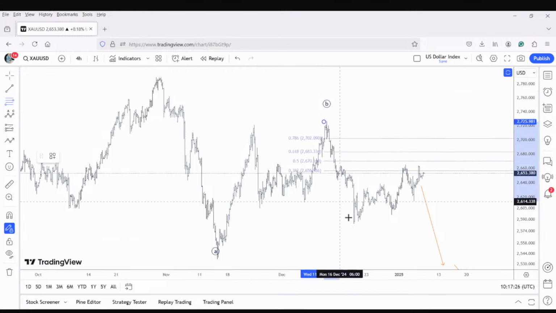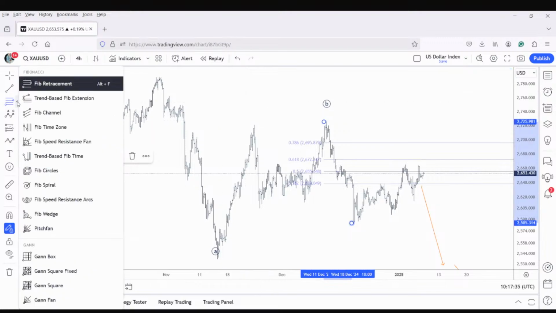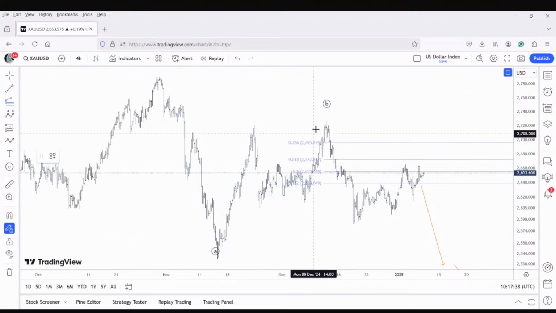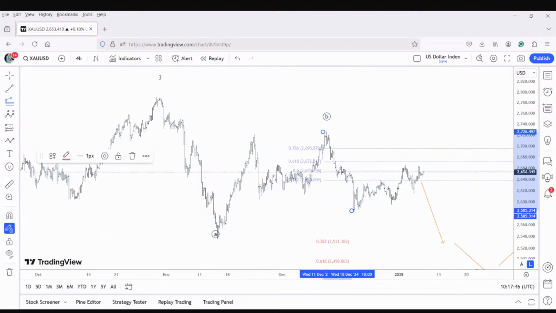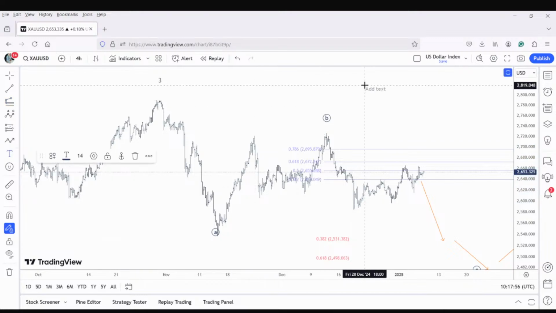That's the recent boundary. 61.8% touches around the 70 mark. If we go by the extension, that's a simple 3-click extension. We'll keep it simple up till 2500. So here's the potential trade setup for gold.